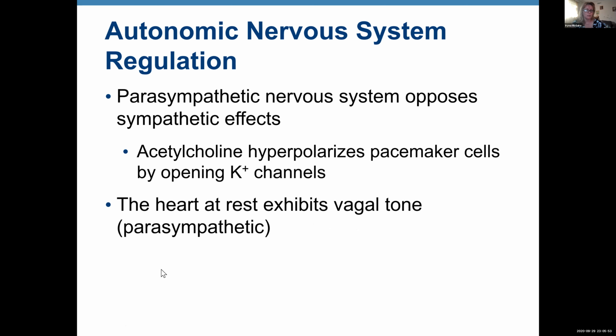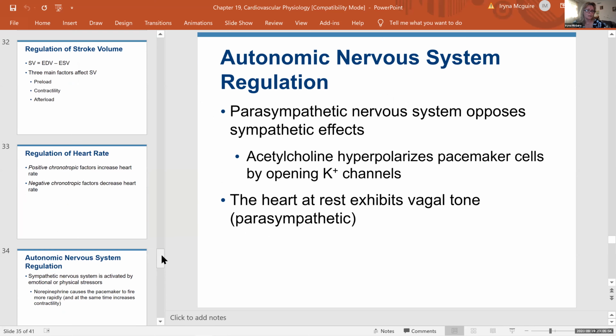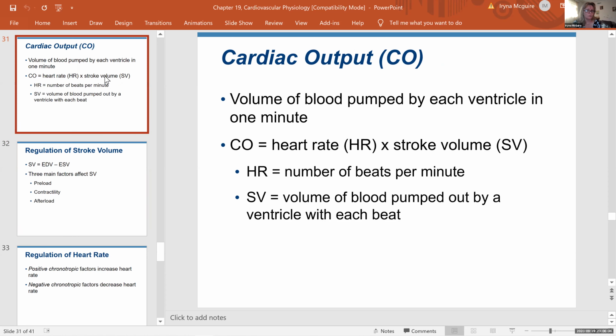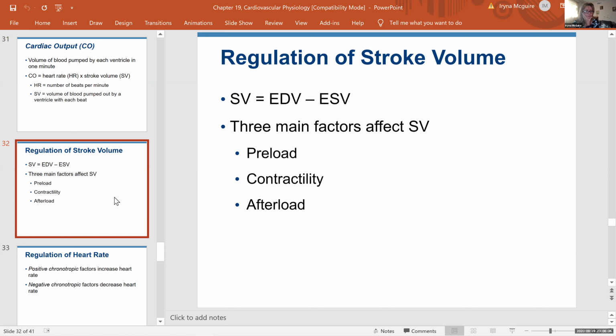We have autorhythmic cells, right? But we can regulate your cardiac output, heart rate, and stroke volume. We can regulate stroke volume by regulating preload, contractility, and afterload.